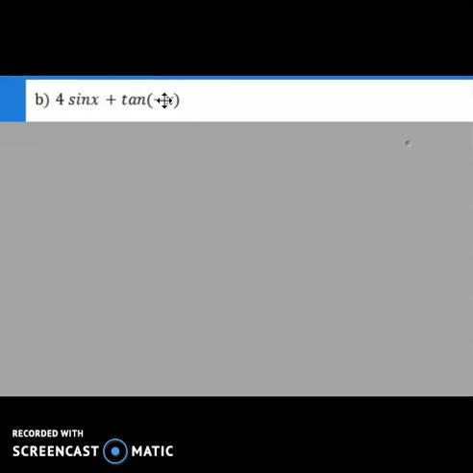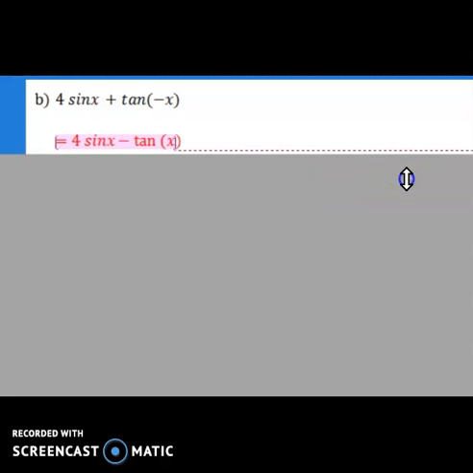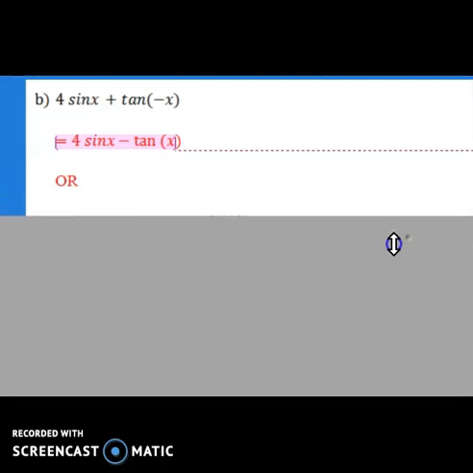Alternatively, if you're not comfortable with that, you can rewrite this as add 360 degrees and you will get 360 degrees minus x. So if you look at it in terms of that, in the fourth quadrant, your tan will then be negative. It will give you the same result as writing it as negative tan of x.